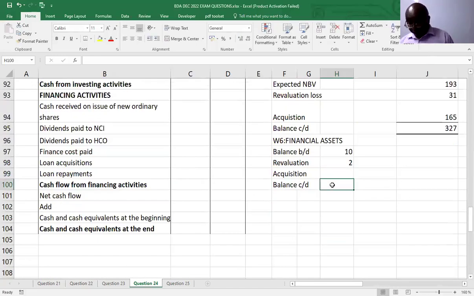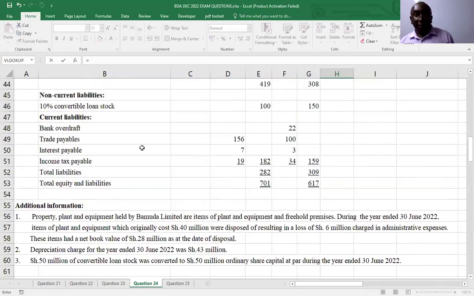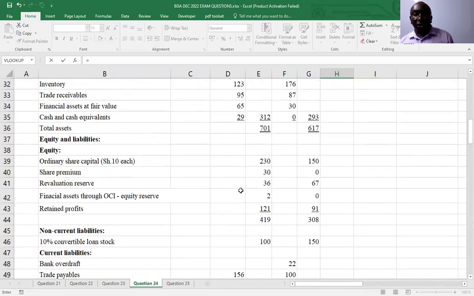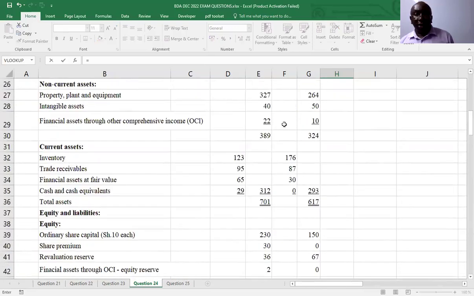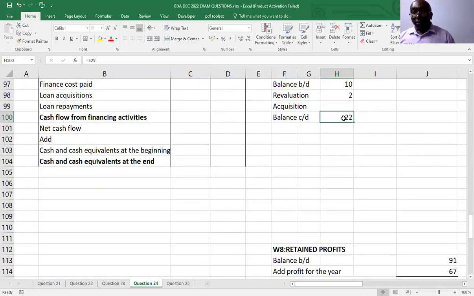So acquisition you have to do, but the closing down, we have it.